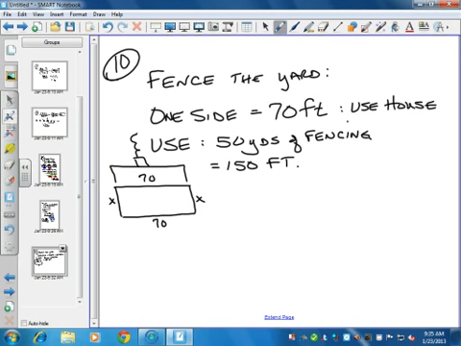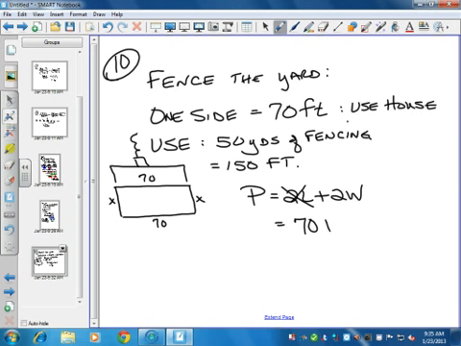All right. Now, normally, the equation for the perimeter, which is what you need for your fencing, is perimeter equals 2 times the length plus 2 times the width. But in this case, we already know that we've used up one of those lengths. So when we put our fencing out, we're only going to use one set of 70 because I don't need the other 70. Does that make sense? Okay.